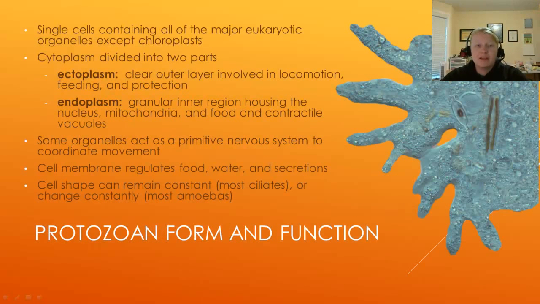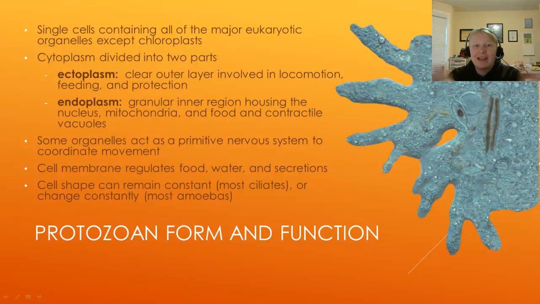So now let's talk about the protozoa and function. And I know there's a lot on this slide, so just try to hold on. Once again, this is trying to serve as a little bit of an outline for you so you can go back to this later and just get the big high points of them. They're always single-celled, and they contain almost all of the main eukaryotic organelles, but they don't have chloroplasts. Their cytoplasms are divided into two parts, the ectoplasm and the endoplasm.